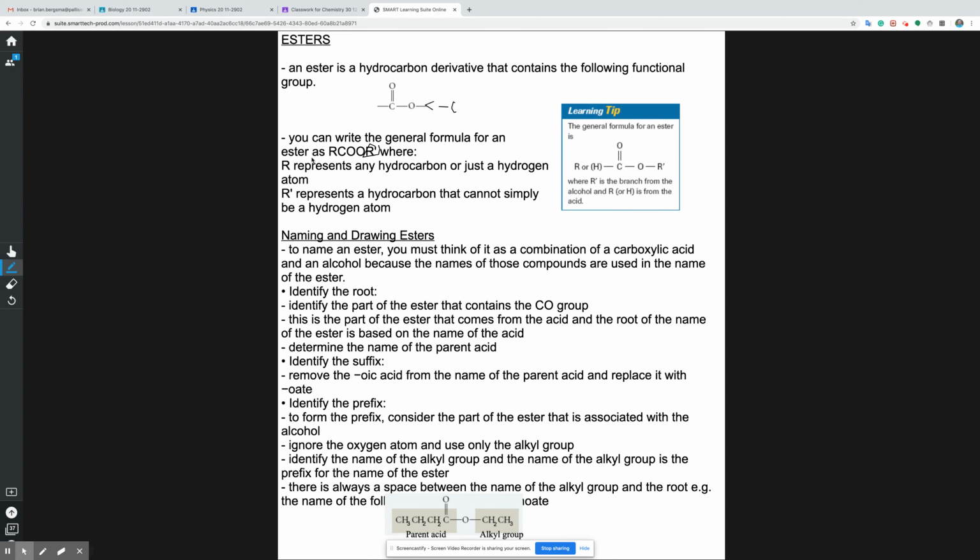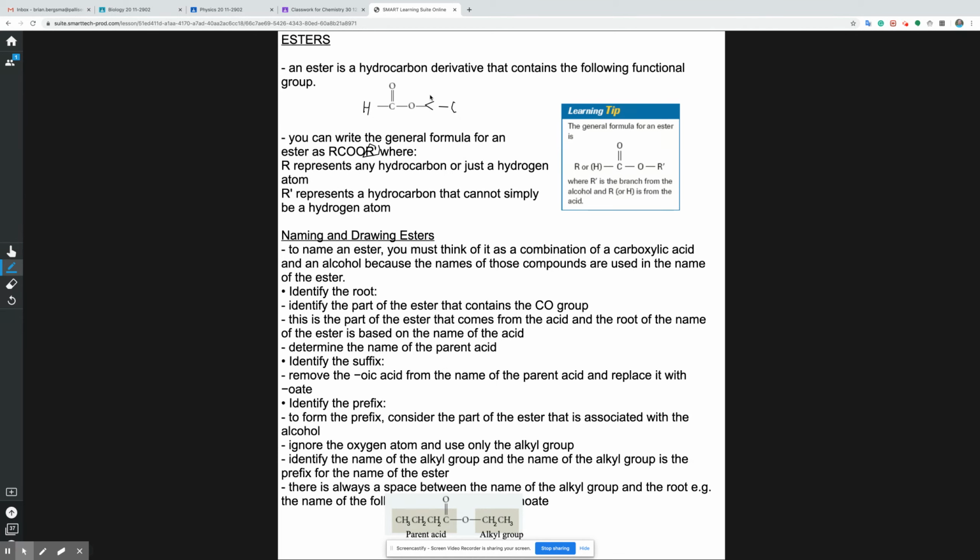So the general formula for ester is RCOOR prime. Okay, so the R represents a hydrocarbon or just a hydrogen atom. You could just have a hydrogen atom here with the R. So that's possible. Okay, but R prime, over here, can't simply be a hydrogen atom.